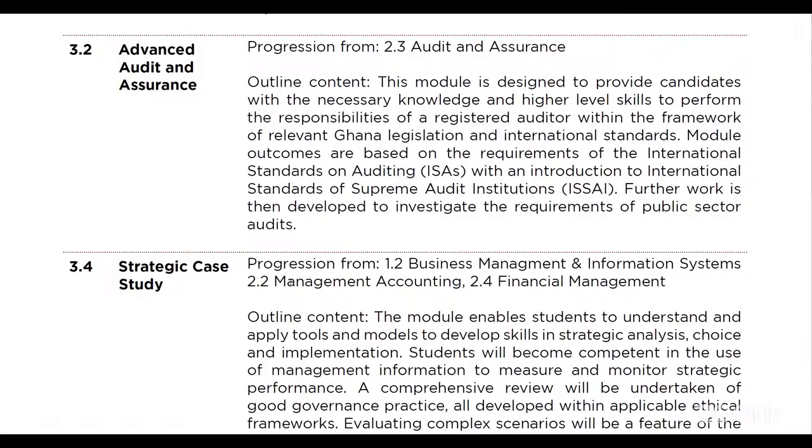Now, what does the syllabus require from us? One, you must have the basic knowledge of audit and assurance. Paper 2.3, audit and assurance, is more theoretical in nature. So this module is designed to provide candidates with the necessary knowledge and higher level skills. They didn't say basic skills. Higher level skills to perform what?